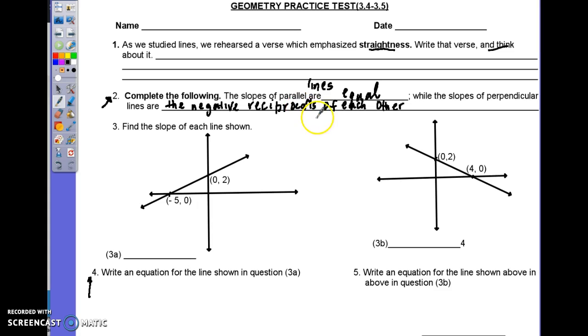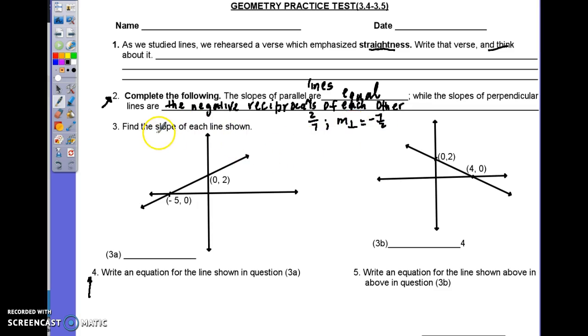So for example, if one line had a slope of, let's say, 2/7, then the perpendicular line would have a slope of -7/2.